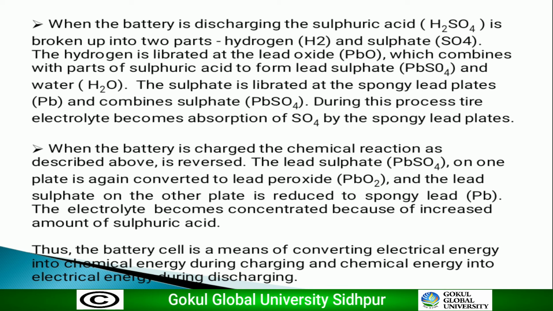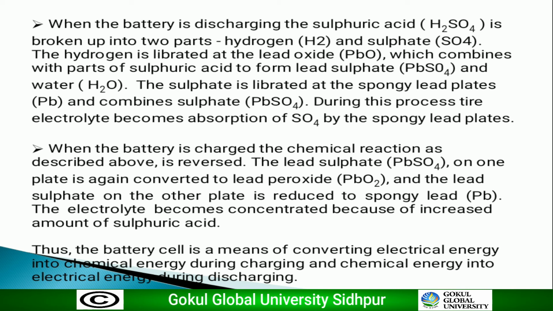The hydrogen is liberated at the lead oxide, which combines with parts of sulfuric acid to form lead sulfate and water. The sulfate is liberated, meaning free, at the spongy lead plates and combines to form PbSO4.